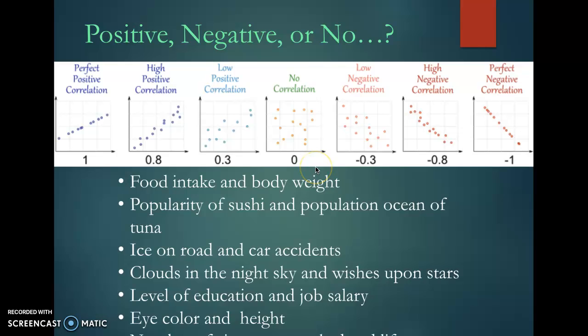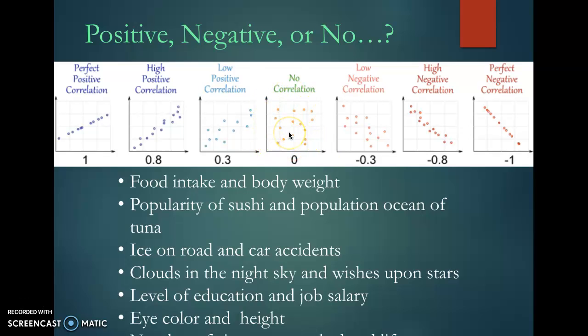Oftentimes food intake and body weight, right? So the more food intake, the higher the body weight. It's going up. Ice on roads, the more ice, the more car accidents, right? Both going up. Eye color and height, different eye colors, different height, right?